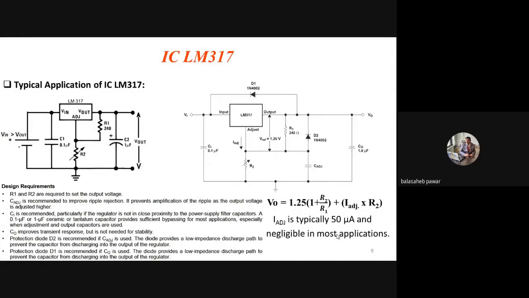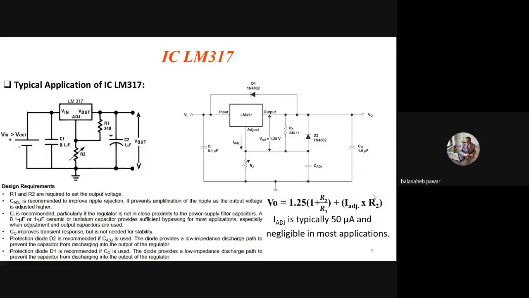And even if you omit this next term, I adjustable into R2, your answer will still be correct. That's why I mention here that I adjustable is typically 50 micro to 100 microamperes. So you can neglect that last term, because as I adjustable is in microamperes, this term will be very, very small.